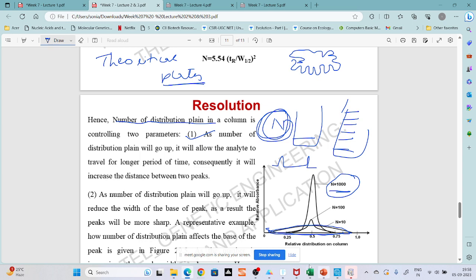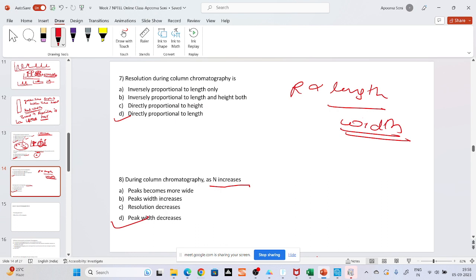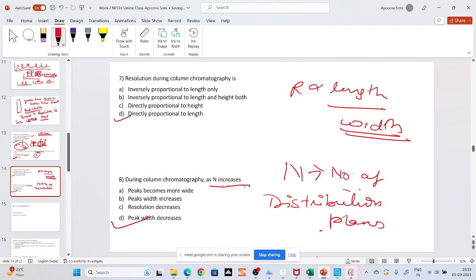So that is what this question was talking about, that during column chromatography, as N increases, where capital N represents the number of distribution planes, the peak width decreases and resolution increases.